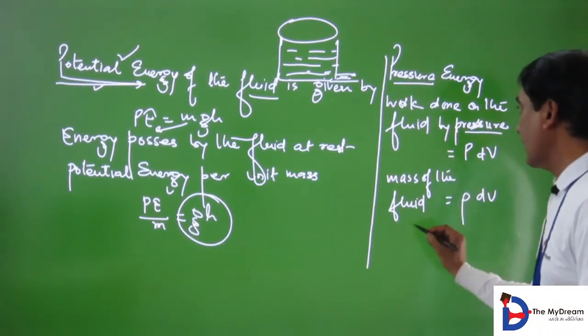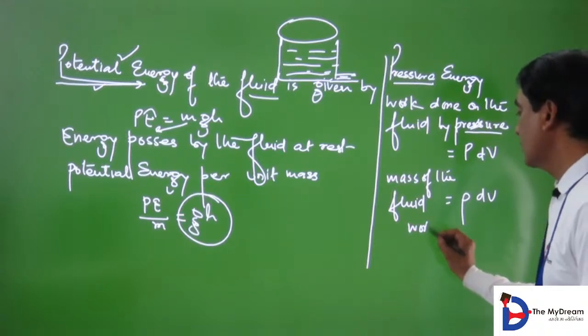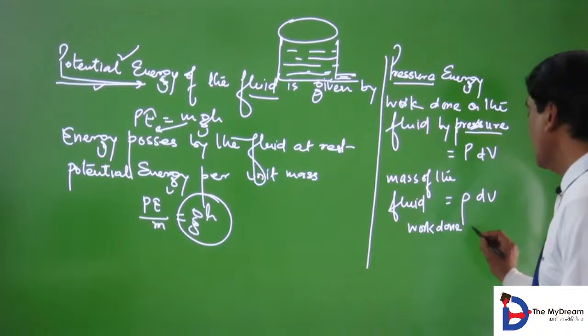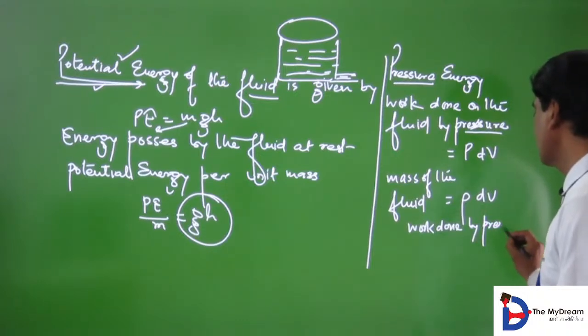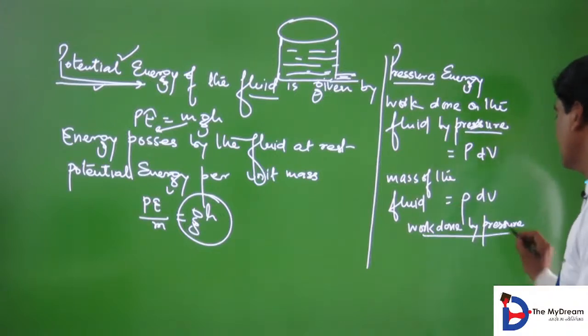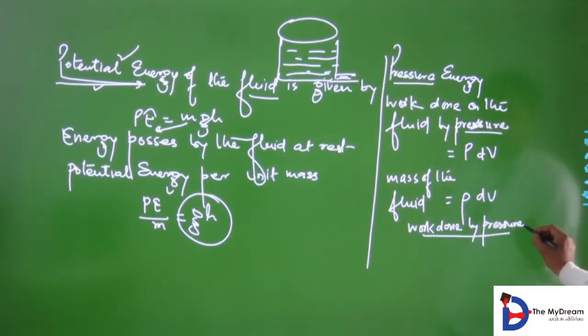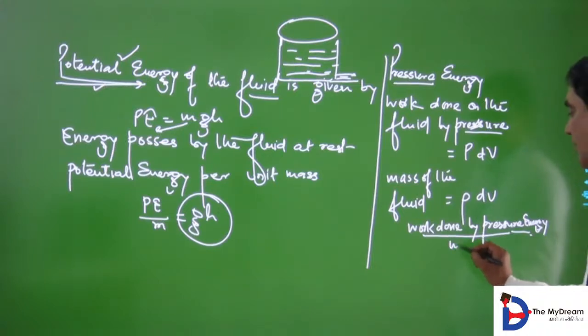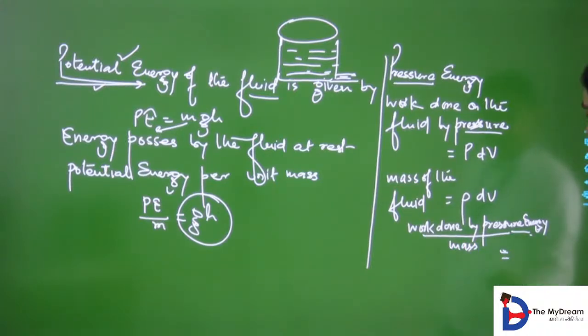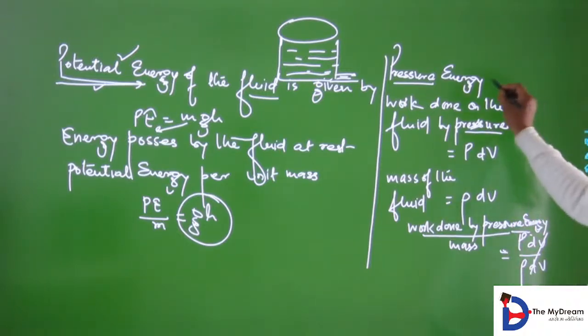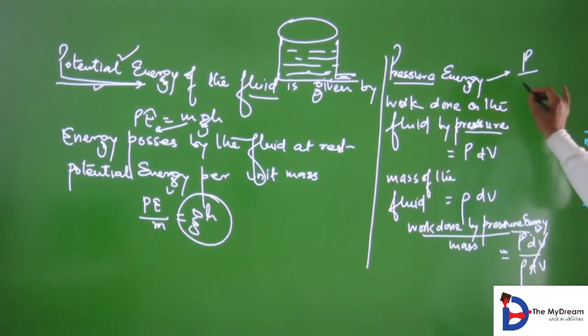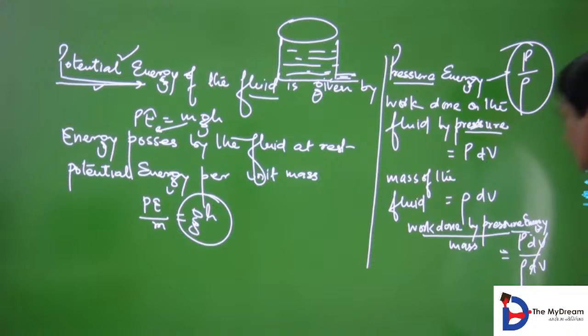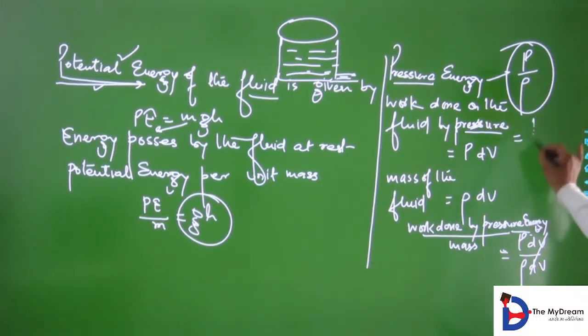The work done by the pressure per unit mass is P delta V divided by rho delta V, which becomes P by rho.